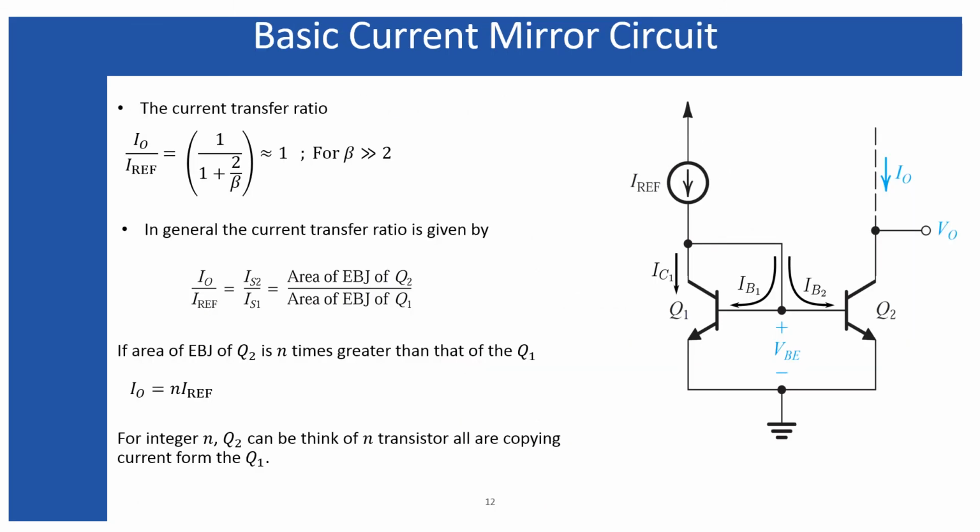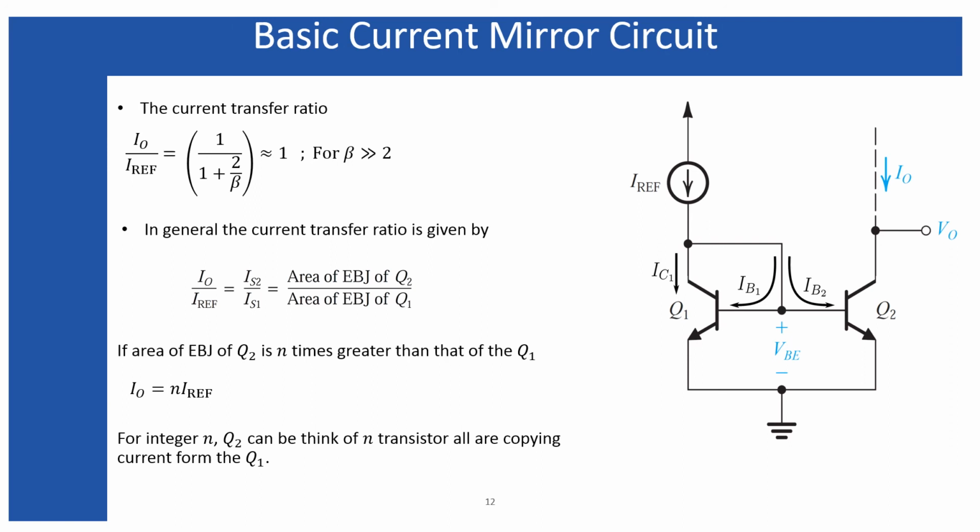The current transfer ratio is the ratio of output current to the reference current. Ideally, that should equal 1 for a large value of beta. But practically, that ratio equals the reverse saturation current of transistor Q2 to that of transistor Q1. Another way, this current transfer ratio can be represented as the ratio of the area of the emitter base junction of transistor Q2 to that of transistor Q1.